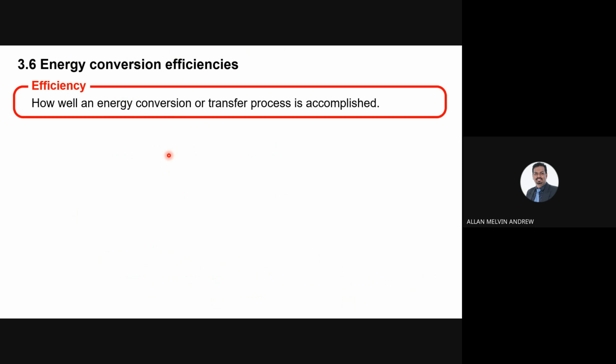Imagine a real life example. You are driving your car from Ulu Power Putra campus to Arau town. If you take a long road, your car will consume more petrol.